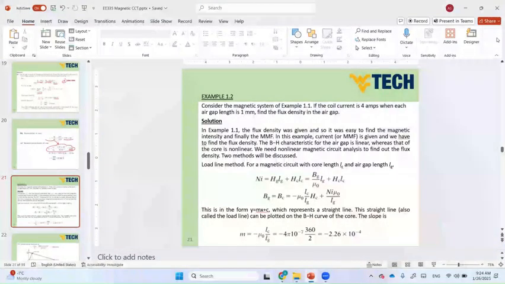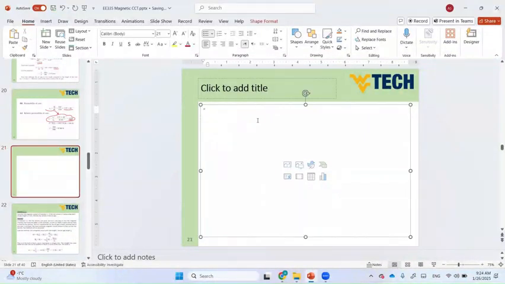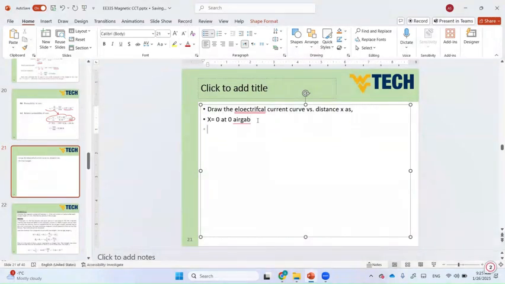So what we need is: draw the electrical current curve versus distance x, as x equals 0 at 0 air gap, x equals 1.5 at the distance of 1.5 millimeter with 0.8 Tesla.